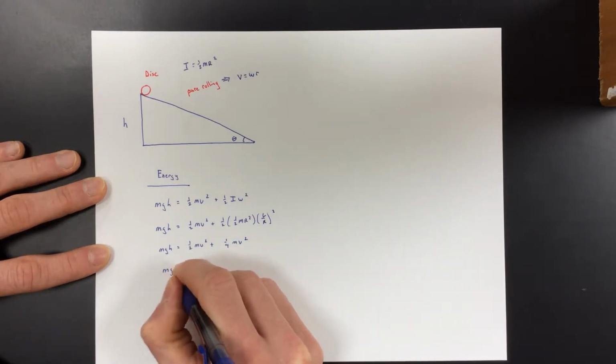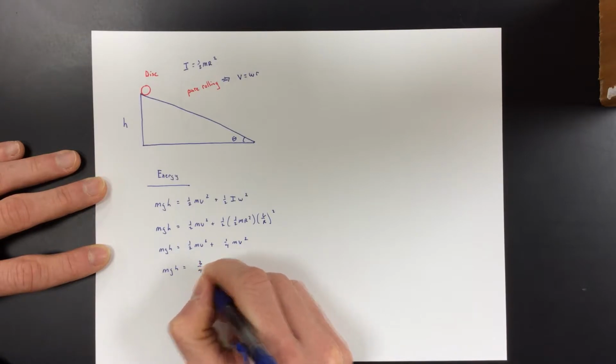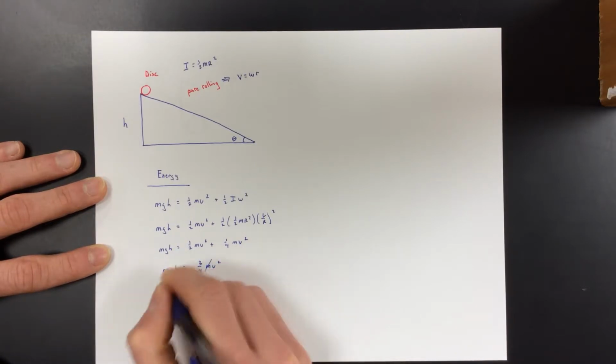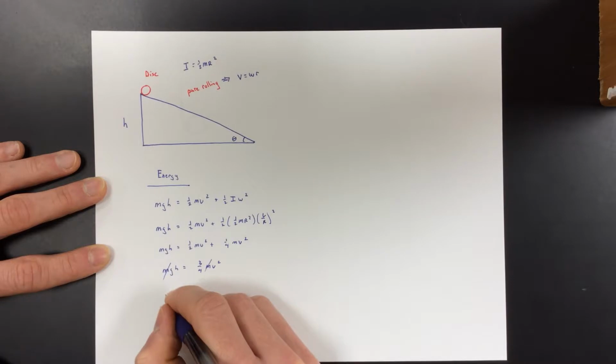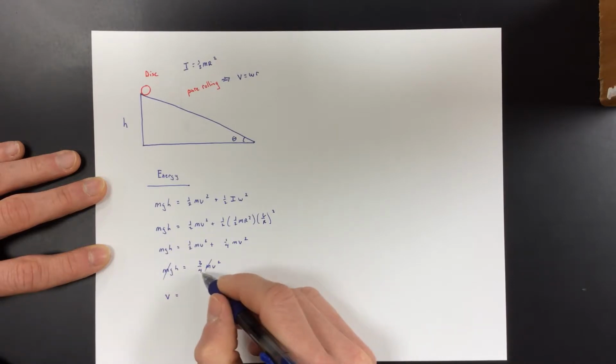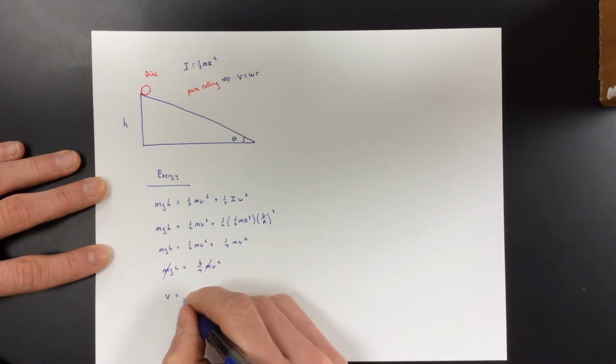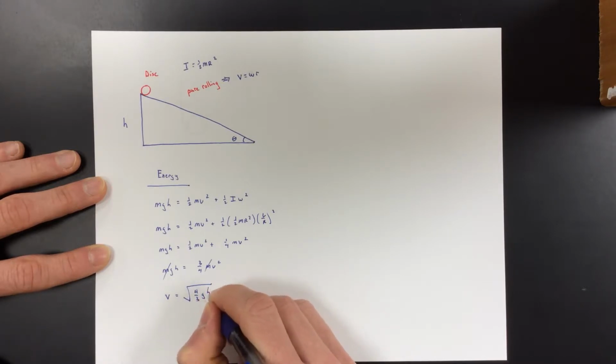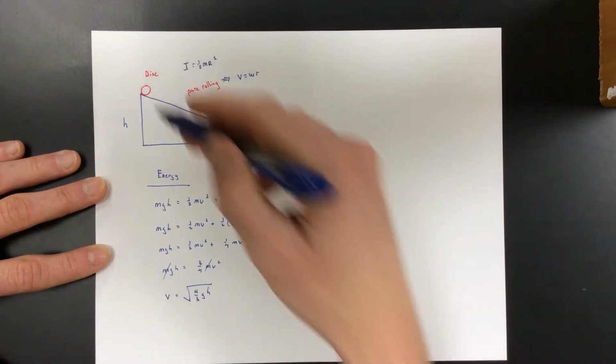So then that's mgh equals 3/4 mv squared. Let's cancel the masses, divide by 3/4, and then take a square root. And so the velocity is the square root of 4/3 of gh. That'd be the velocity of a rolling disc.